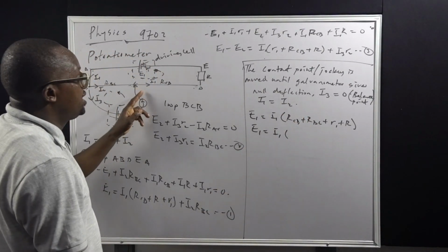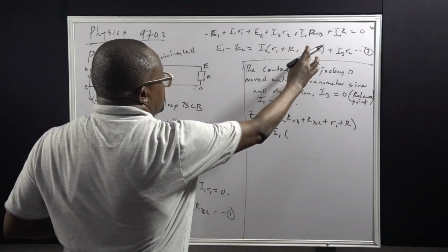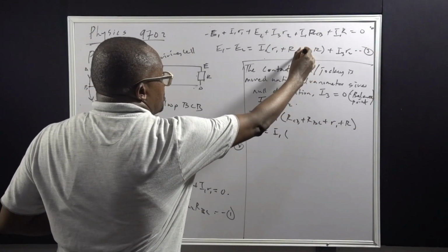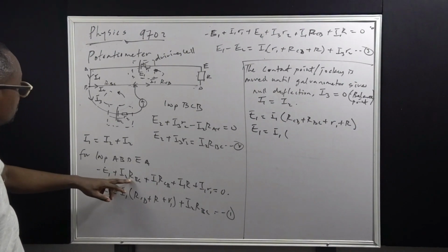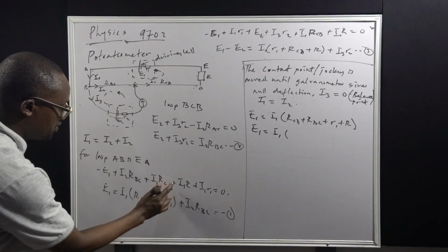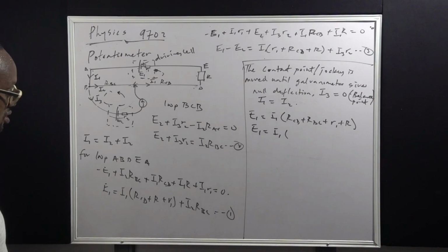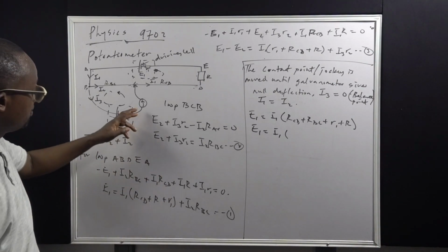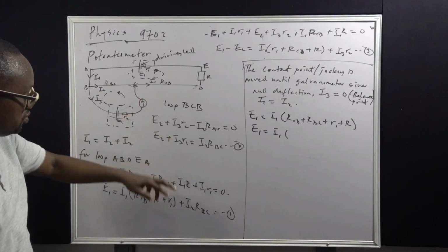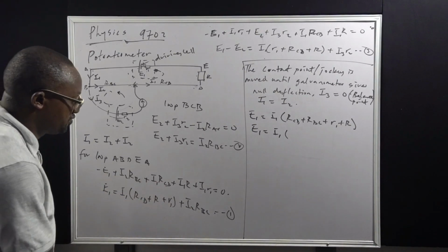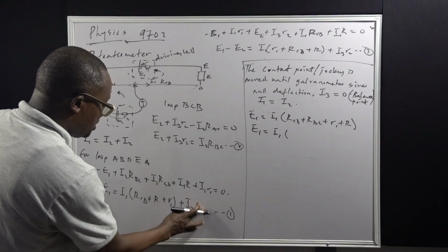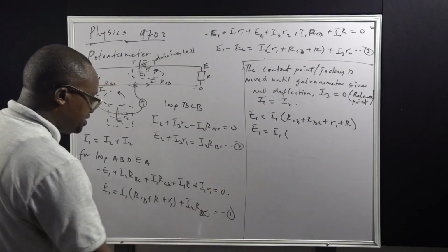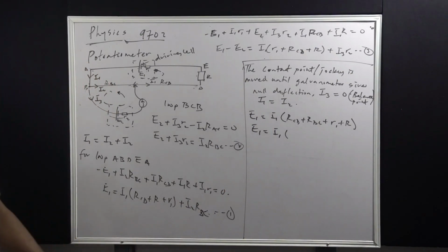Did we correct it there? Resistance for this one is resistance of CD also. Resistance of BC plus resistance of CD, times I2 before. I've corrected the BC. That's CD, that's BC.